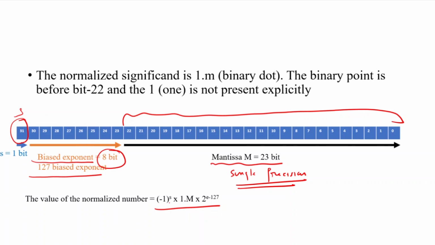So the value is minus 1 to the power s multiplied by 1.m multiplied by 2 to the power e minus 127. Similarly, we obtain the value in the case of double precision.